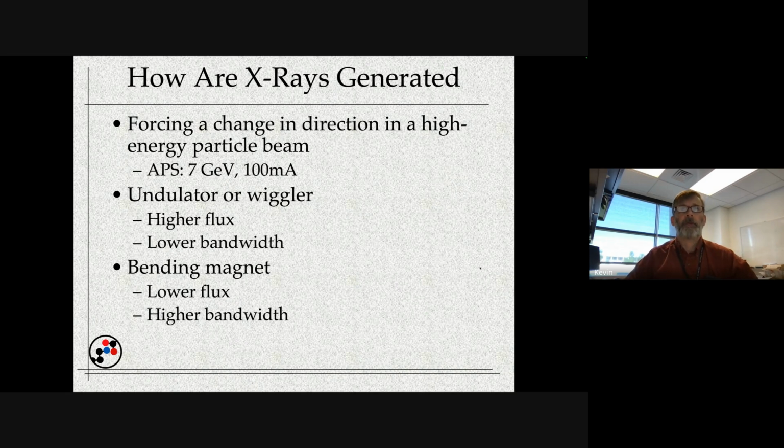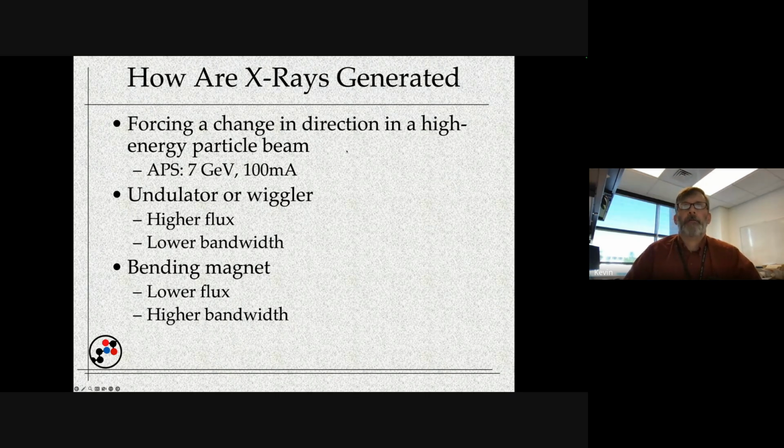The X-rays that are generated, and this talk is going to be very specific for the Advanced Photon Source, because I did a version of this with stuff there, but it doesn't matter. It's appropriate for any synchrotron anywhere.